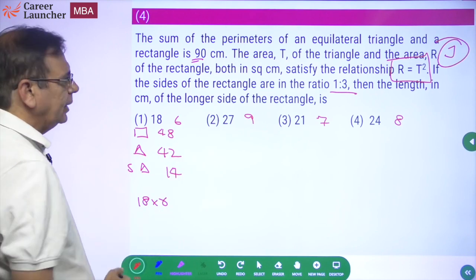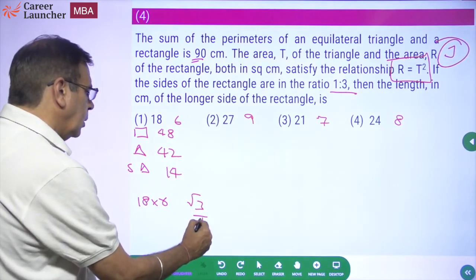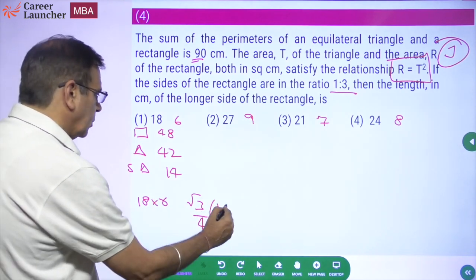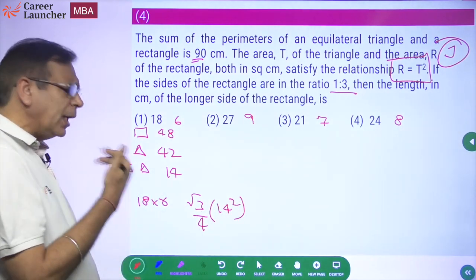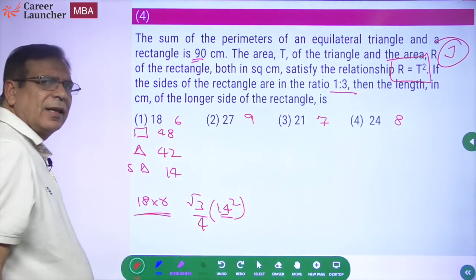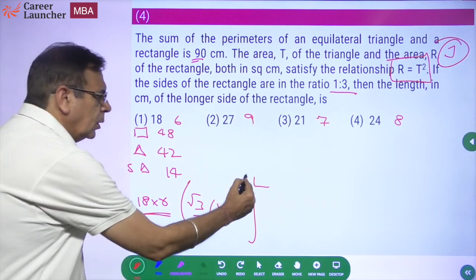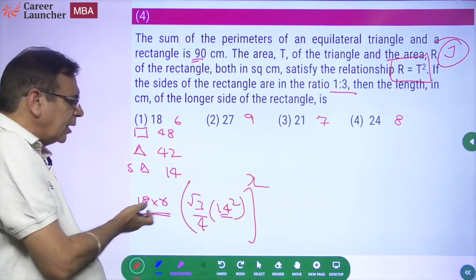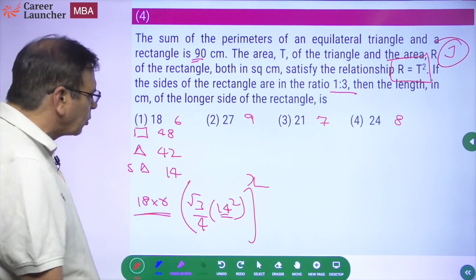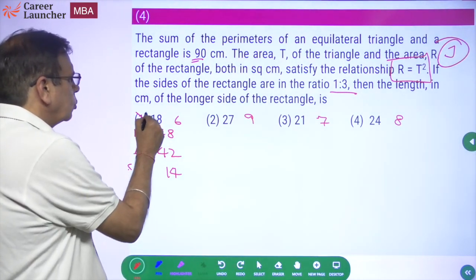And area of the triangle will be root 3 by 4 into side square. They cannot be equal. Why? भैया ये तो 7 का multiple है ना. Do you have a multiple of 7 on the left hand side? इसका square करना है ना. You don't have a multiple of 7 on the left hand side while 14 is a multiple of 7. इसको तो check ही नहीं करना चाहिए था. Okay. So this is a wrong choice.